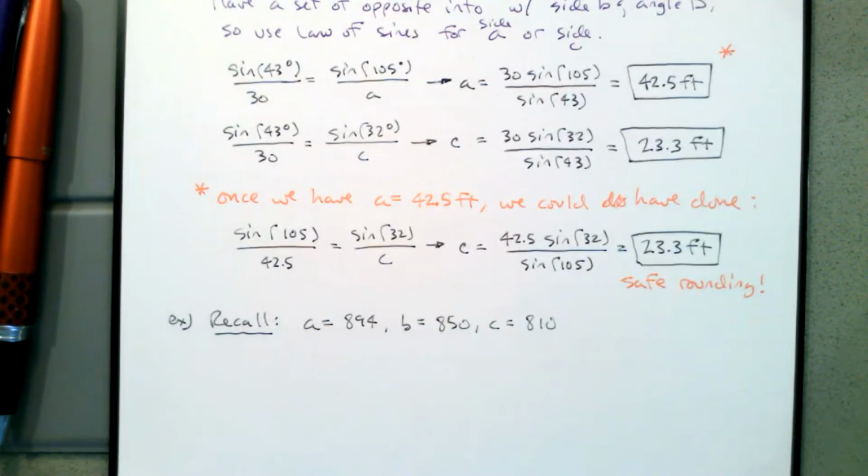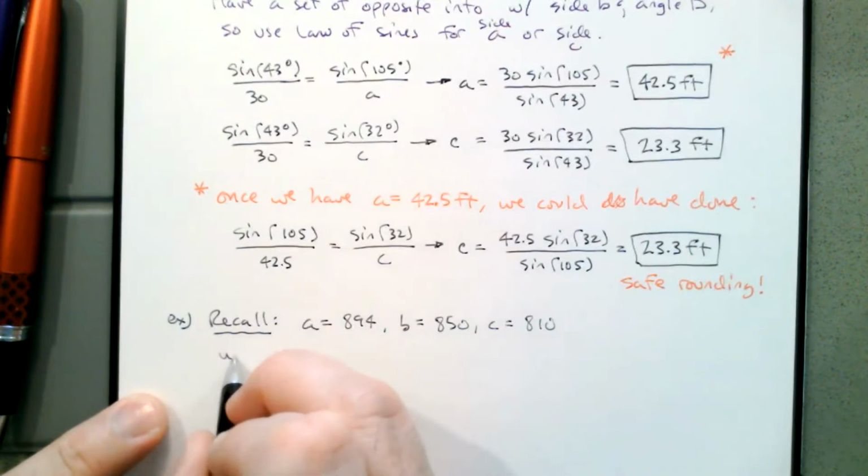In this case, law of sines is off the table. I don't have any angles, so I don't have that opposite pair. I don't have that opposite info. So we had to use the law of cosines to find our first angle. We chose to find angle gamma first for reasons.